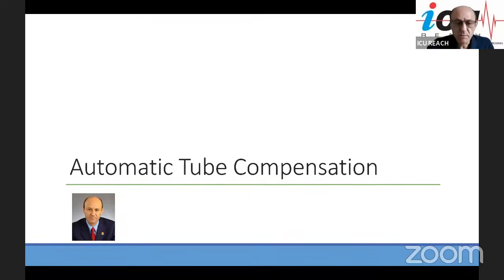We're just trying to understand what automatic tube compensation is and how we set it on the ventilator. The name may be different from one ventilator to another, but the most common name is ATC, which is automatic tube compensation. You may see other names like airway resistance compensation, or any other names. So we're going to just explain the principles behind it.